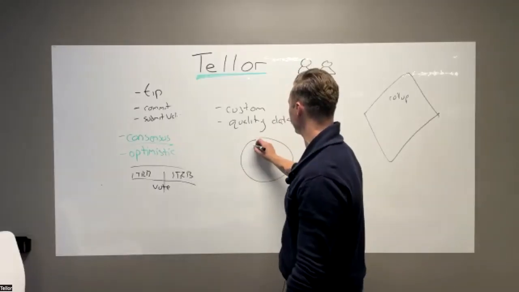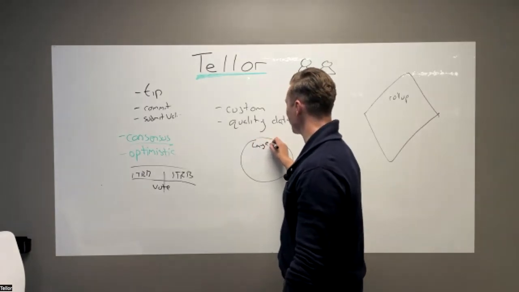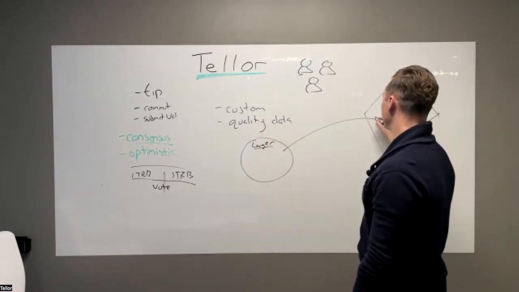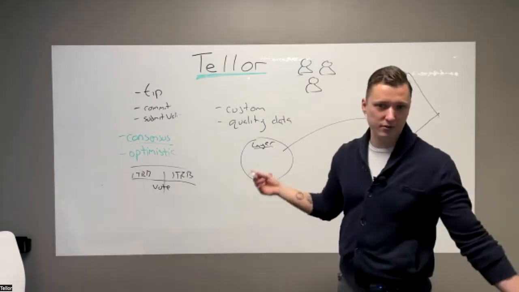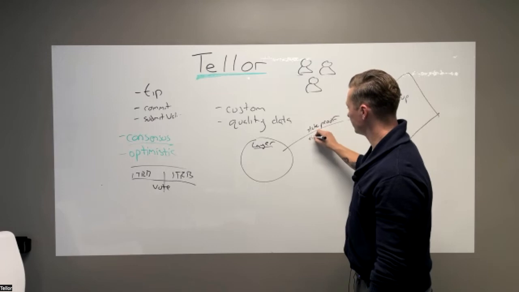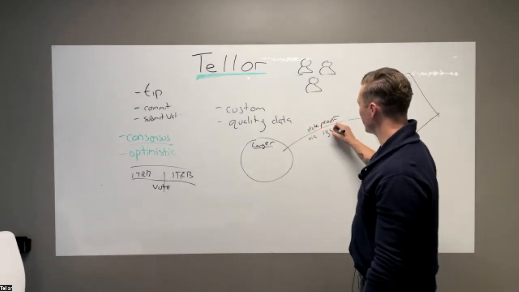We'll call this the Tellor chain. Layer is the name of the Tellor chain. The way that you read data, as we were hinting at earlier, is light client bridges. You have a state proof of all of the oracle data, and you push it over via a light client bridge.